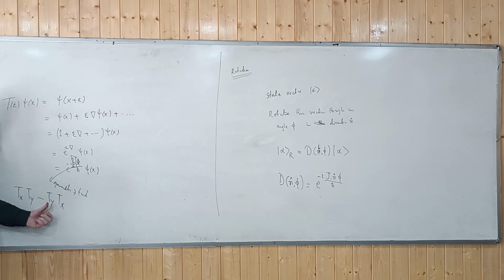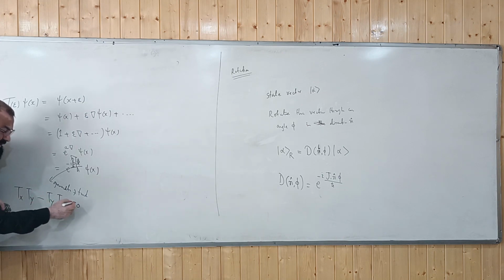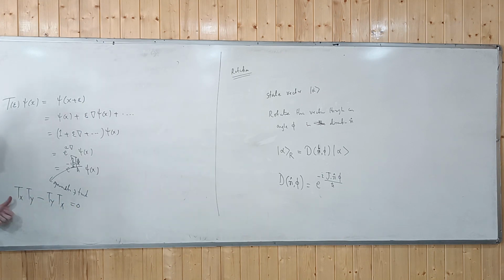Translation along x direction then y, or translation along y direction then x. Do they commute? Suppose you move some steps this way, then some steps that way, and return back, you will reach the same point. So there is no difference between the two. It means the translational operators will commute with each other.